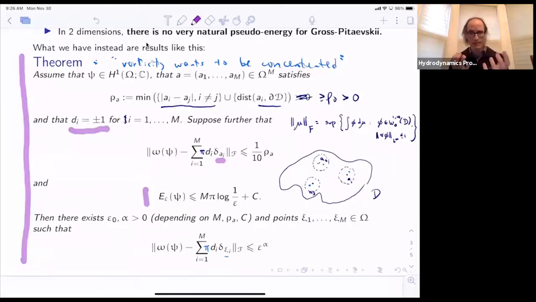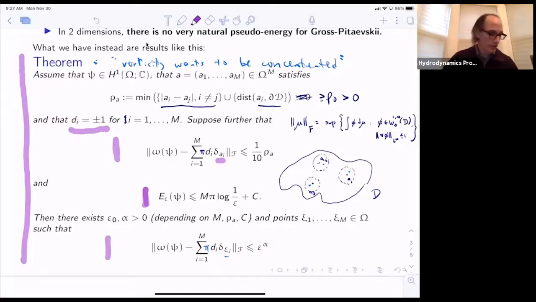The vorticity remains concentrated around its initial points, so the energy hypothesis will continue to hold for short times, and that tells me that for short times at least, the vorticity remains very, very concentrated around some points, which is already useful information.